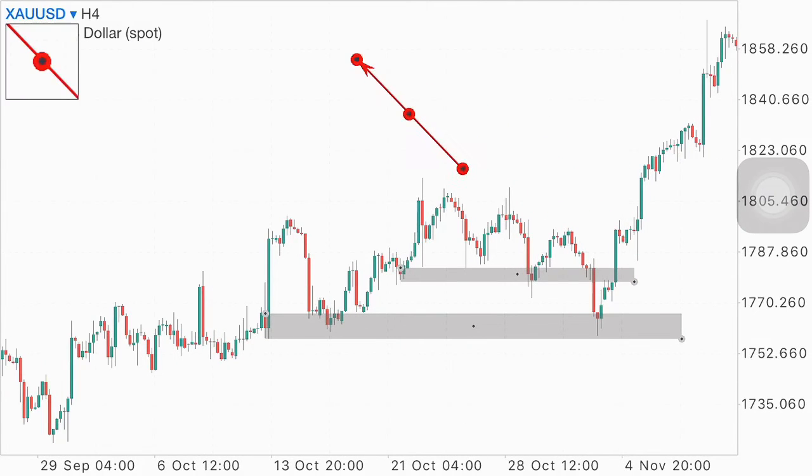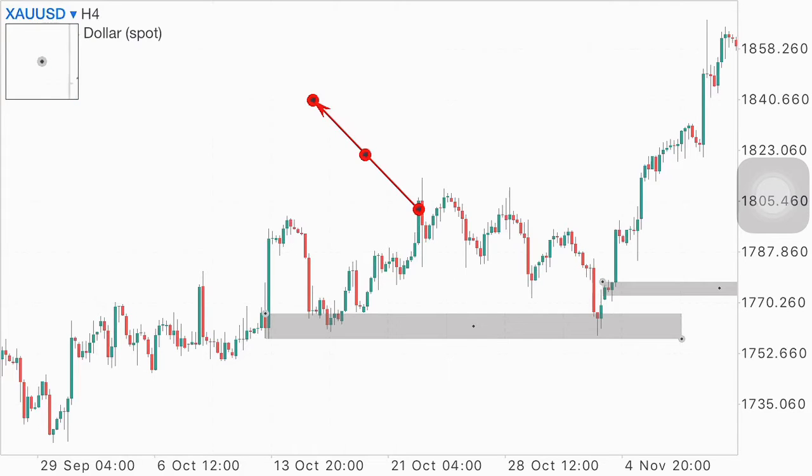Before we go further, you can see that gold has also formed another demand just here when it was going up, forming a rally base rally, and also a rally base rally here on a previous resistance. But let's first check this smaller demand that was formed here.